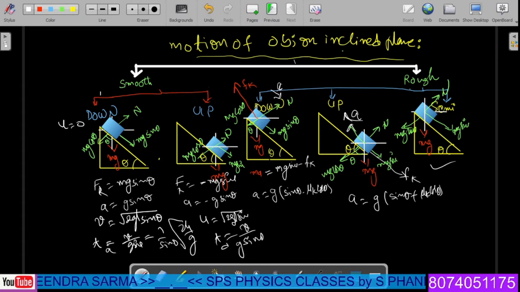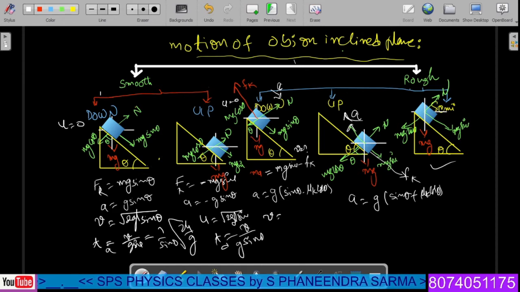Anyways, let us consider the next case. At this condition, whenever the object is released, the initial speed is u equal to 0. You have to take care here. So let us write u equal to 0. What is the final velocity upon reaching the bottom? That is the question we need to remember here. Already we have a here, and I have to use the third equation of motion.